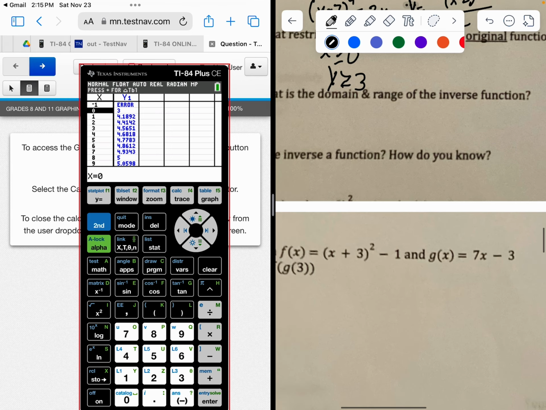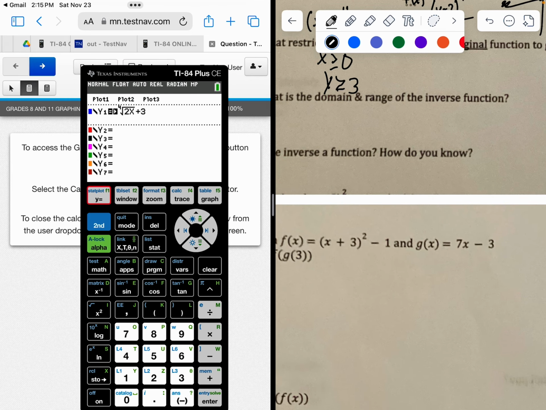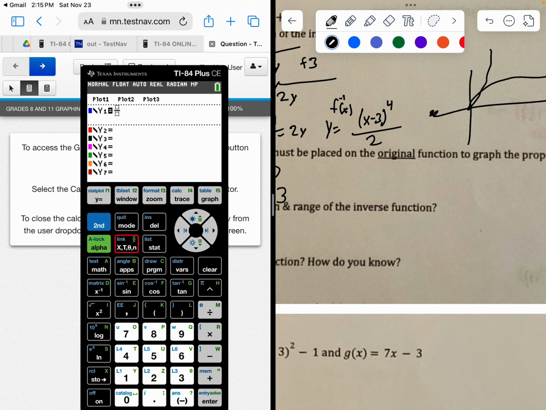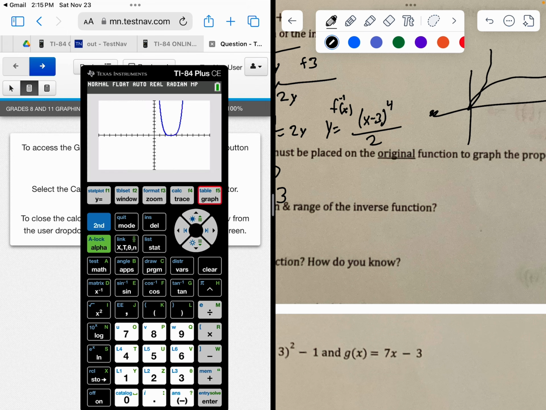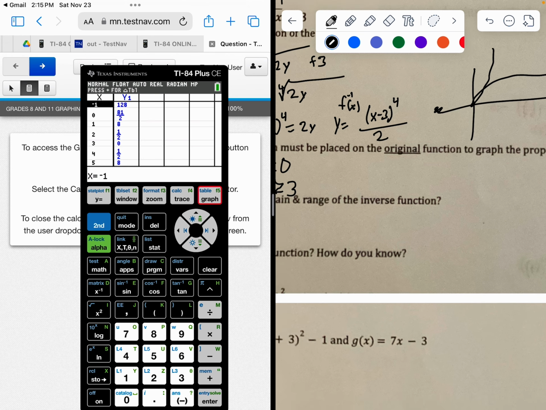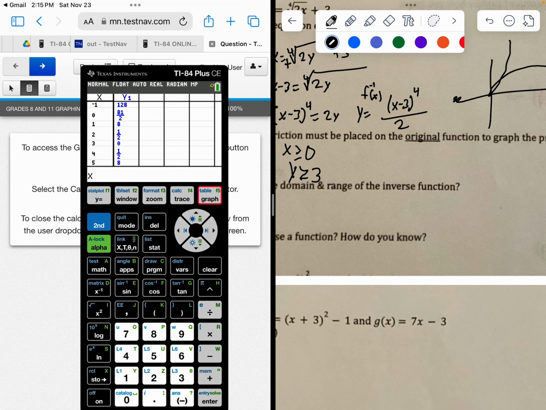What is the domain and range of the inverse? Let's graph the inverse. Okay. I go to the table. Or we can go to the graph.